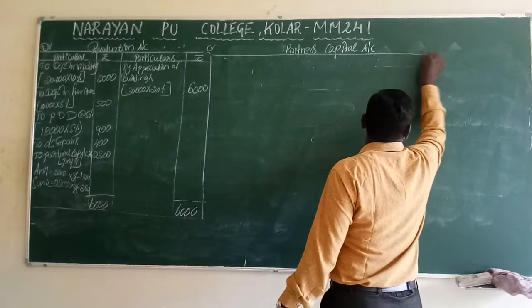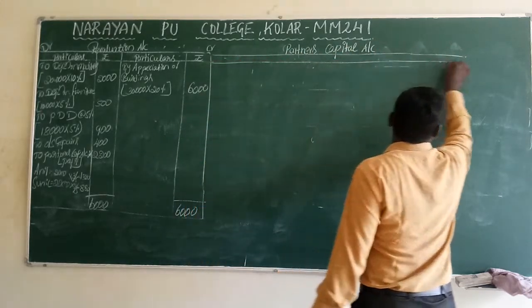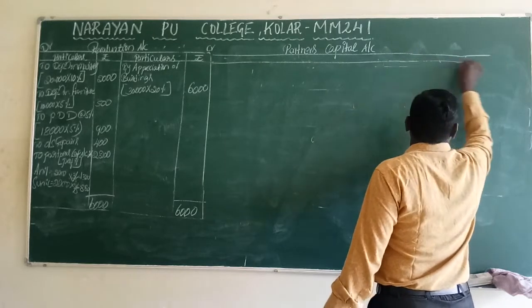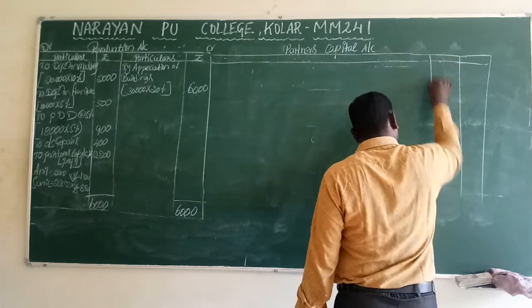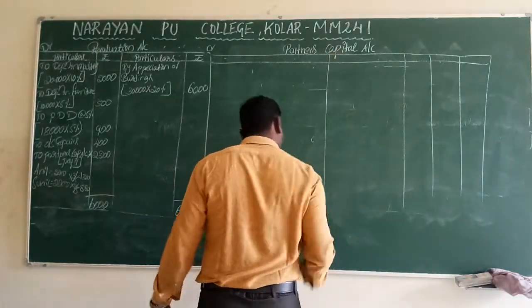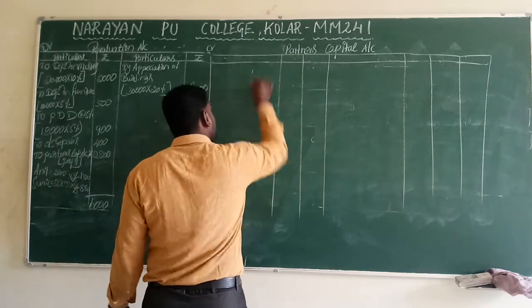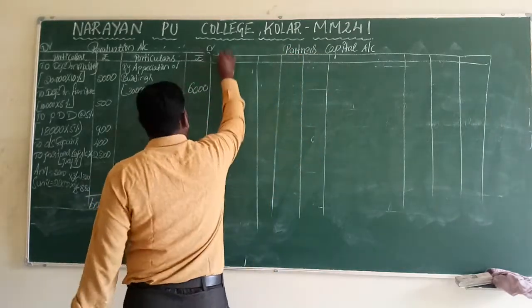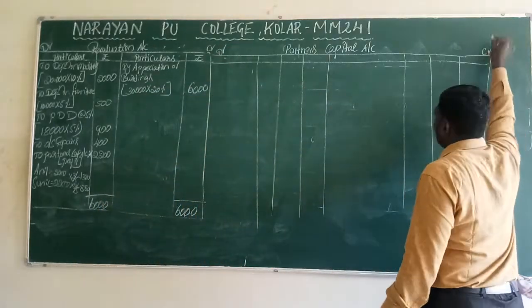We should draw the columns for partners capital account. So we should write the heading debit and credit. For the account it is compulsory.